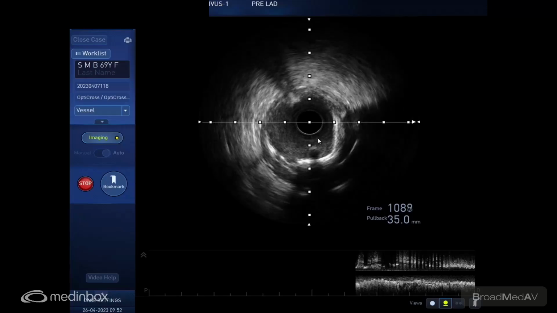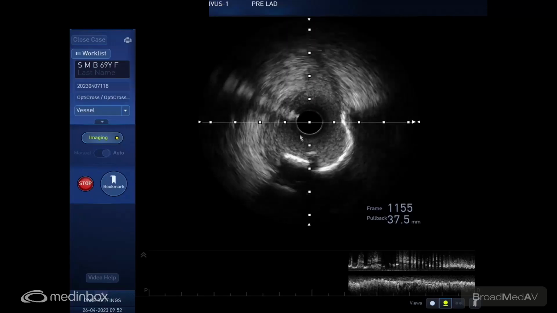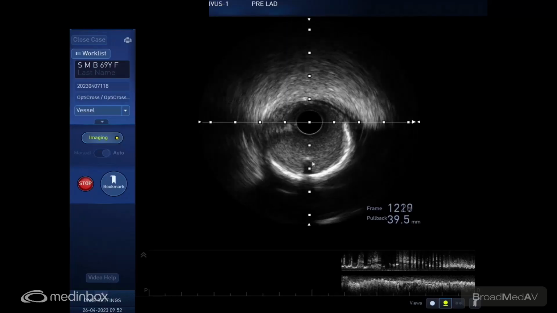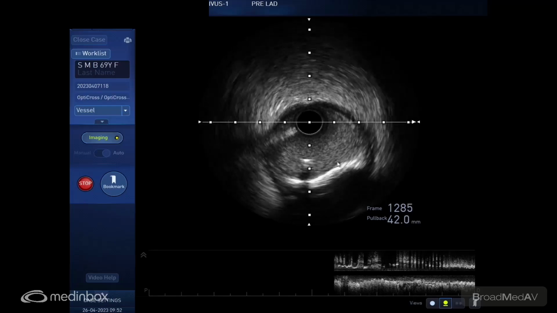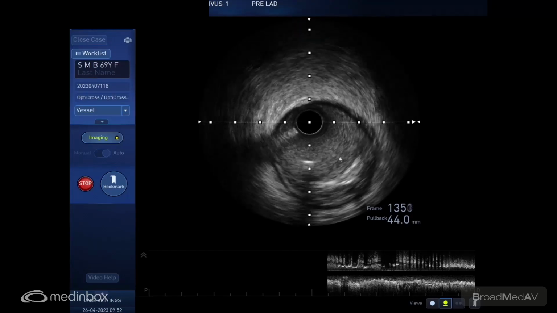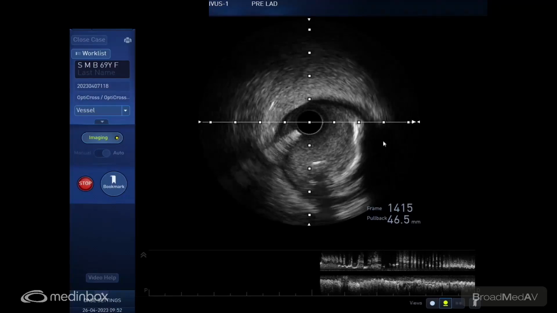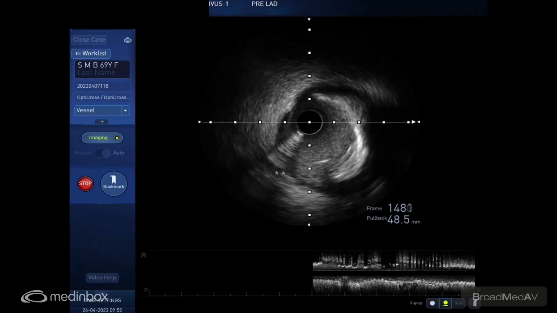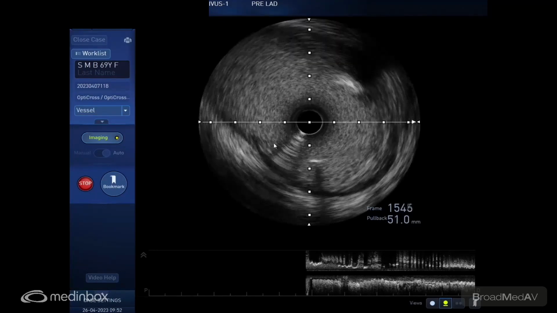Over here you can notice the diagonal as well as the wire which is marked over here, and this is the LAD which was still calcified, and you can notice some dissection plane at the calcium beyond.